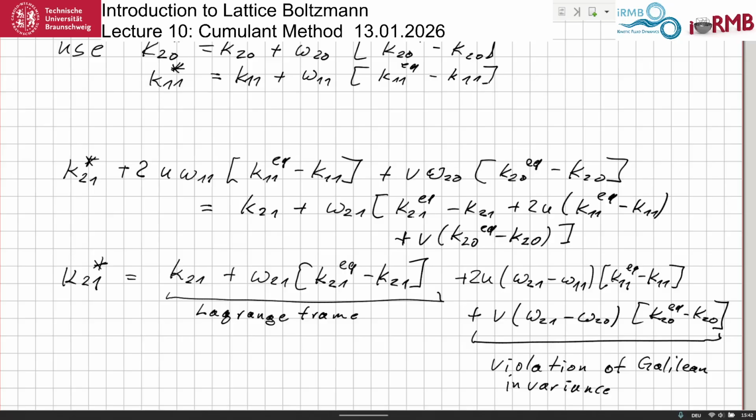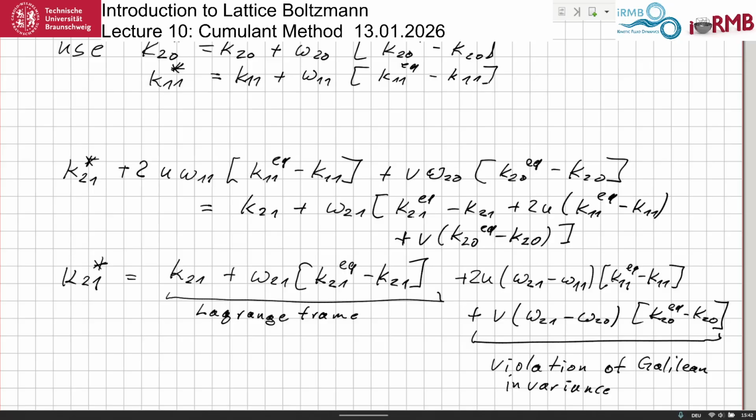What I said before, we are living on a lattice, and on a lattice there will never be complete Galilean invariance. However, what we did here did not consider the lattice. We never assumed a lattice.